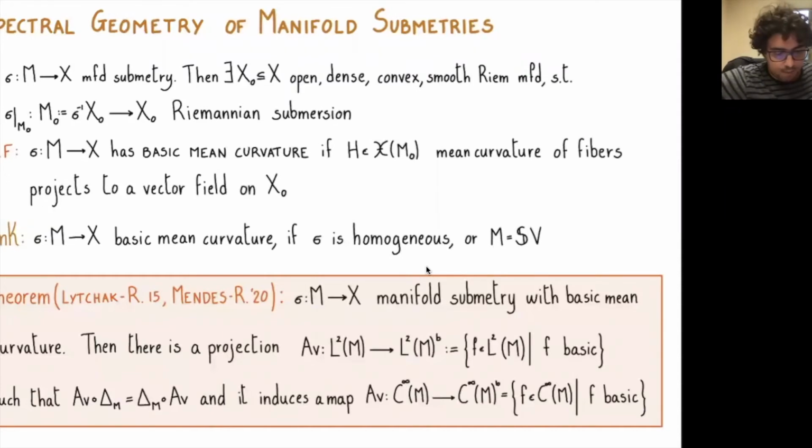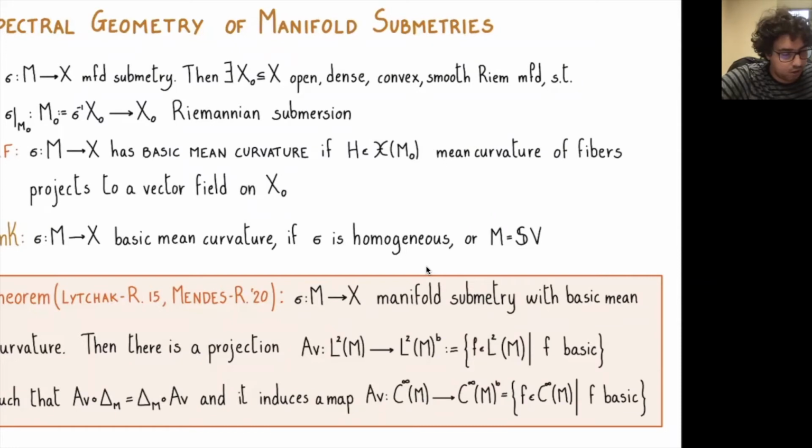So the moment you have a manifold submetry with basic mean curvature, then you have an averaging operator. This operator takes L2 functions to L2 functions that are constant along the fibers, almost everywhere. And this operator really behaves like the nice averaging operator whenever you have a group action where you take a function and you average it over the group.